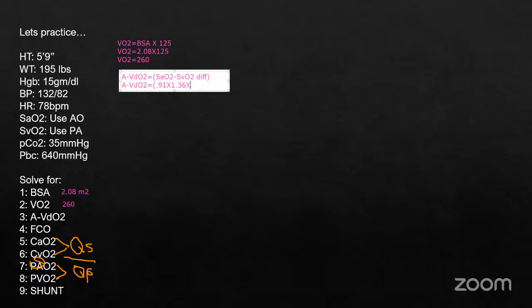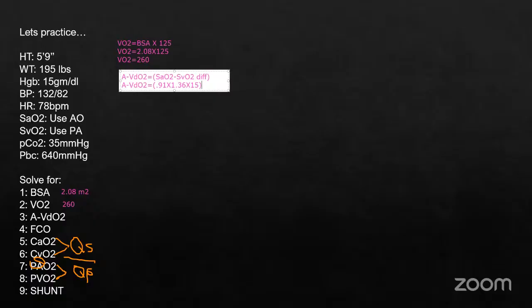So for that, don't I need hemoglobin? Because the hemoglobin tells me how good the red blood cells are at carrying oxygen. So the ability of the cell to carry oxygen is my constant, and then I need to know what my hemoglobin is. So don't forget your hemoglobin on your formula. If you forget your hemoglobin, that's going to throw off the entire thing.